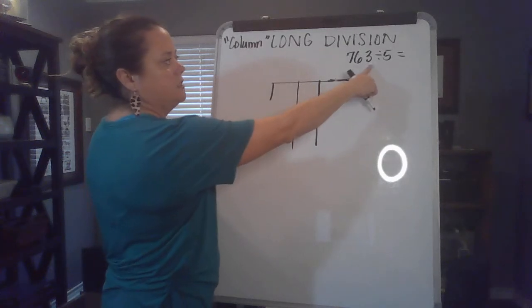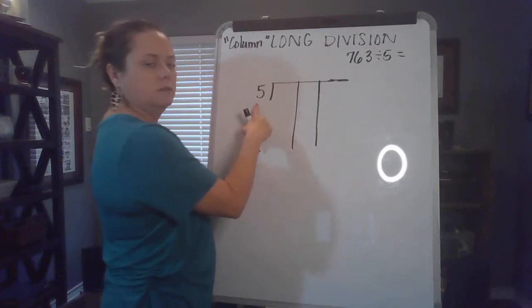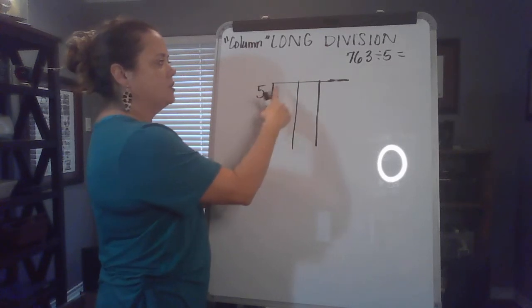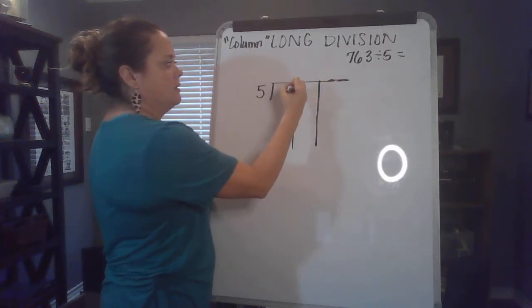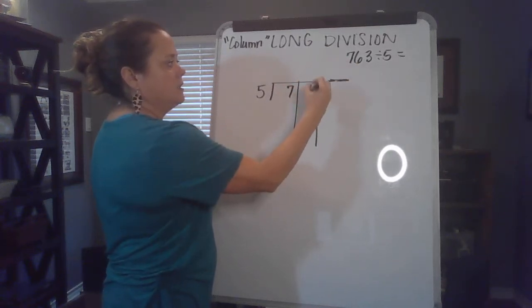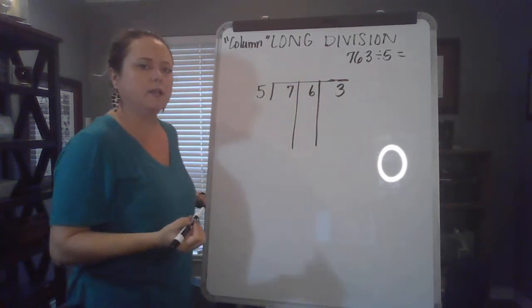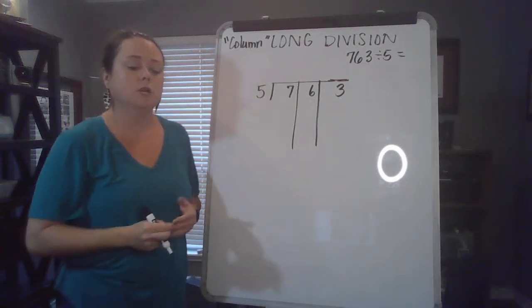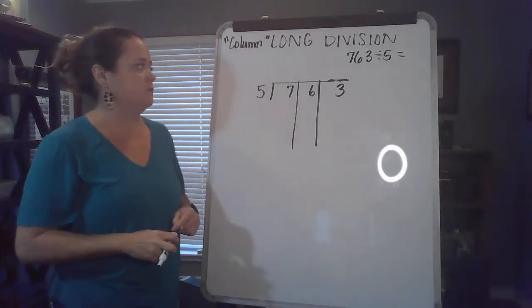All right, so we have 763 divided by 5. We're dividing by a one-digit divisor, okay? That means each of my numbers of my dividend gets its own column. So I'm going to put the 7 here, put the 6 here, and the 3 here, okay? Now I teach my struggling students also because typically my struggling students have not memorized their multiplication facts.